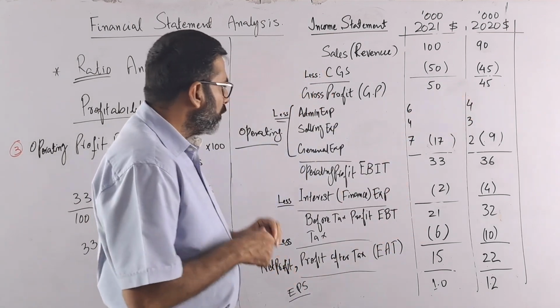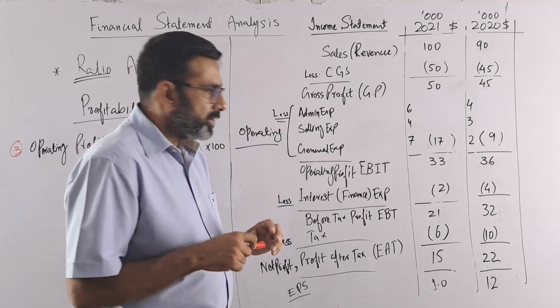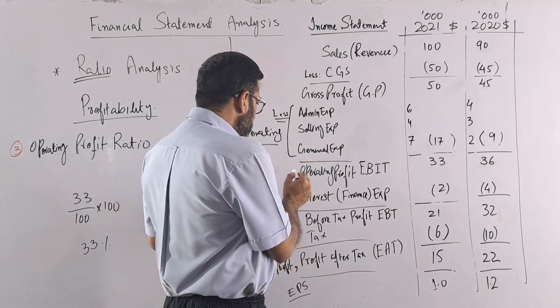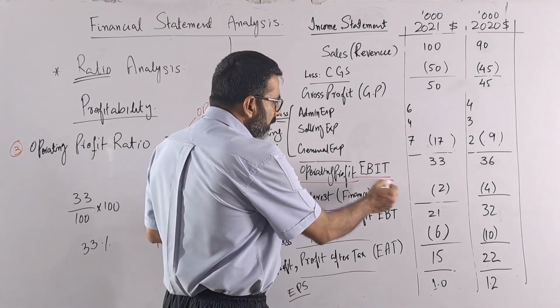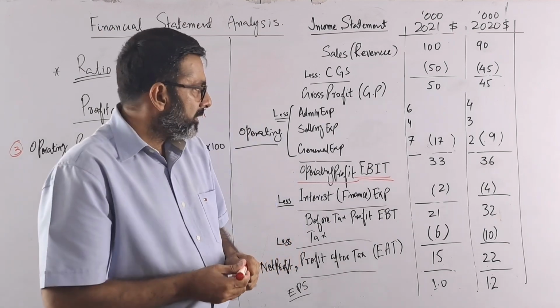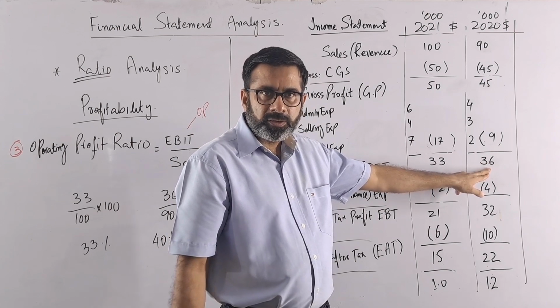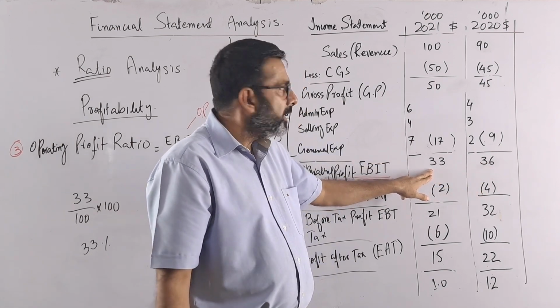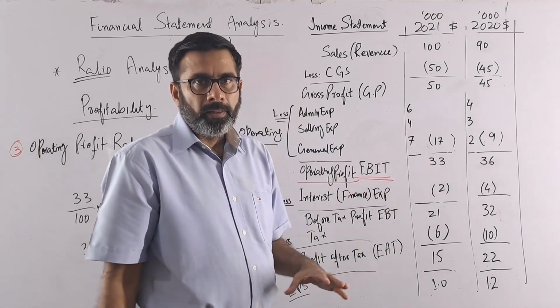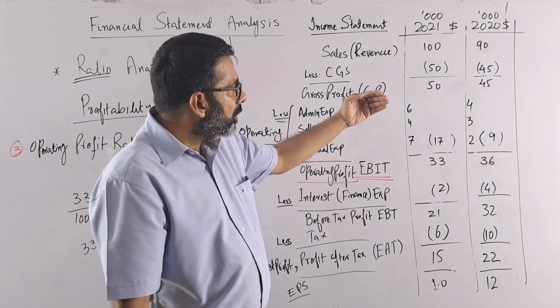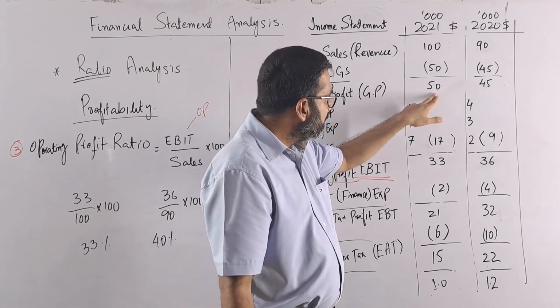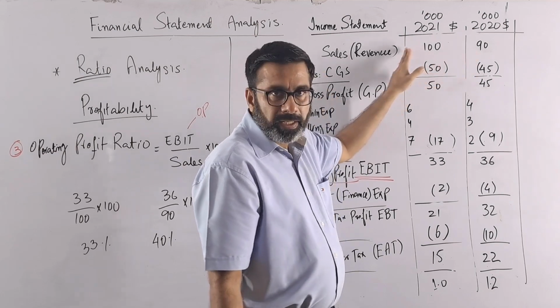Now the most important thing in this ratio is the operating profit, or the earning before interest and taxation. The profit before interest and taxation was 36, but now it is only 33.